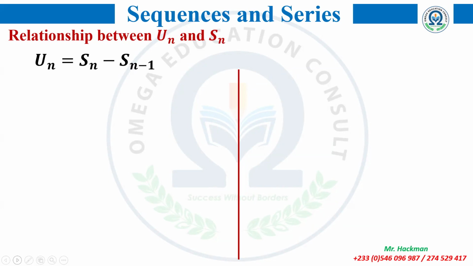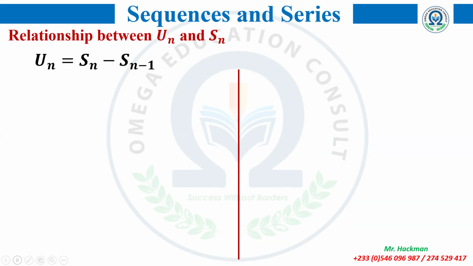However, you will be asked to find particular terms. And before you can find particular terms, you need the general term, which is U sub n, because it's U sub n that we use to find the first term, U sub 1, a particular term. The second term, U sub 2. The third term, U sub 3.